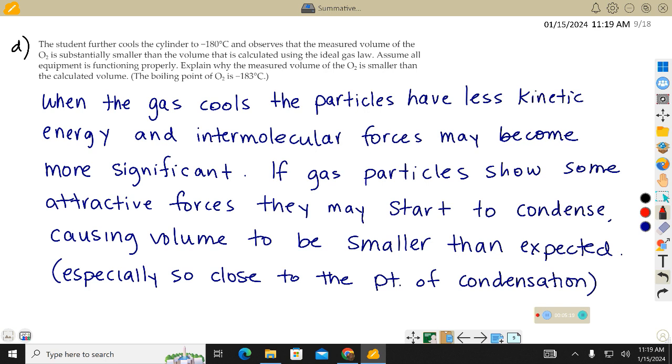So something here about at this really cold temperature, the kinetic energy is so low that the particles will start to be close to their point of condensation, and intermolecular forces are going to start to become more significant. That's then why the volume is lower than what I calculated, because PV=nRT assumes ideal conditions and ideal behavior, that intermolecular forces would not be significant. But at really low temperatures, they may.